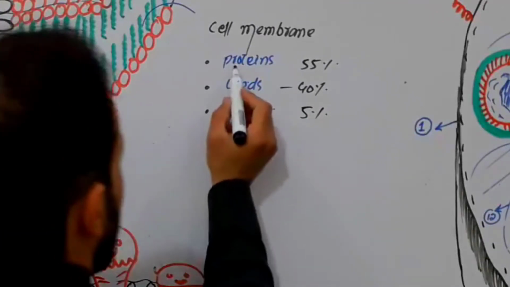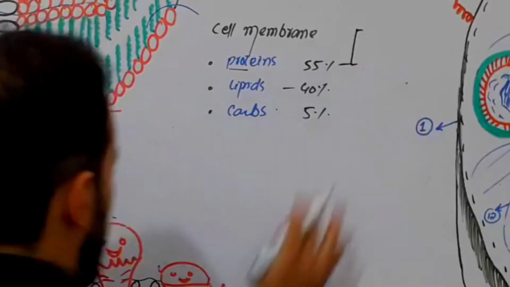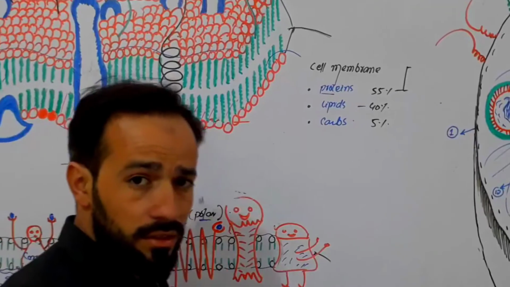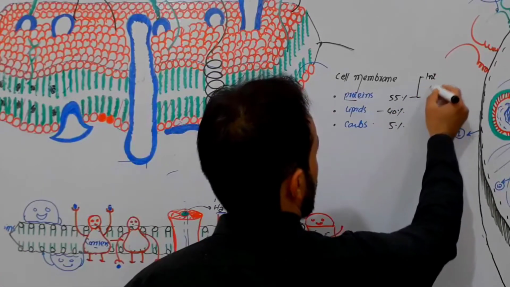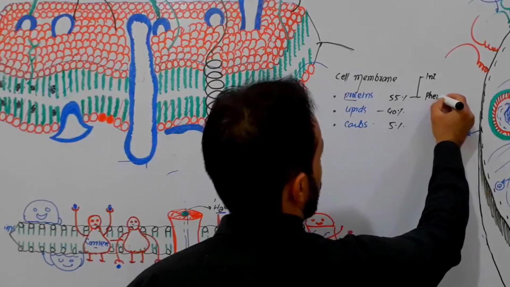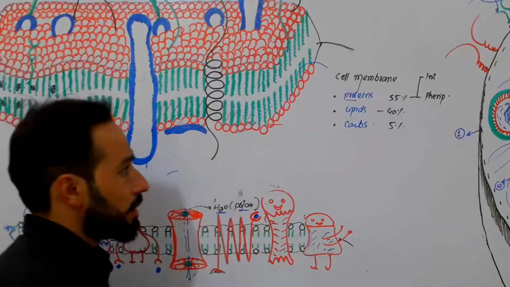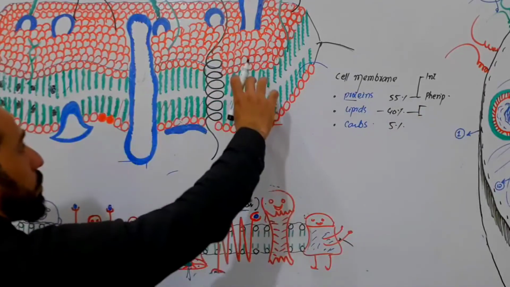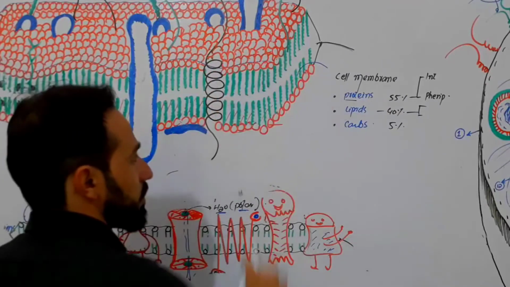We have discussed the proteins, that there were two groups of proteins, in the previous lecture. I have recorded it, and I will give the links of those videos in the description. There were integral proteins and peripheral proteins, and we know their functions. And about the lipids, there were those present in the outer membrane and those present in the inner membrane.